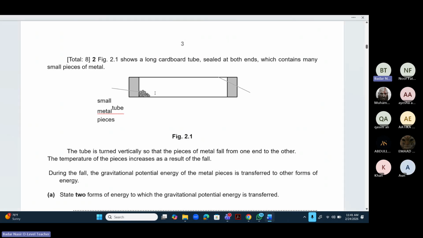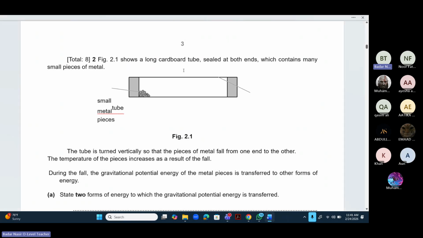So question number 2 में figure 2.1 shows a long cardboard tube sealed at both ends which contains many small pieces of metal. So we have this small metal tube and it's got small pieces of metal. The tube is turned vertically so that the pieces of metal fall from one end to the other. The temperature of the pieces increases as a result of the fall.